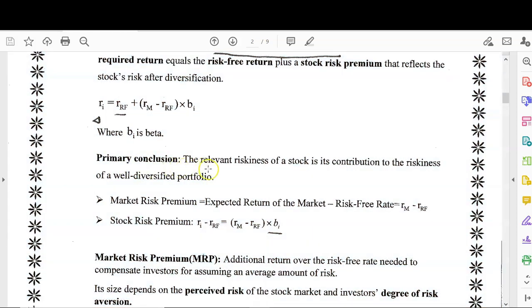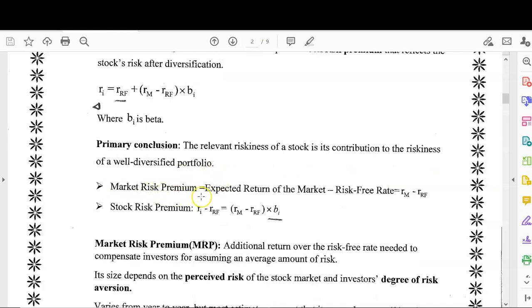Primary conclusion: the relevant riskiness of a stock is its contribution to the riskiness of a well-diversified portfolio. So again, market risk premium is the expected return of the market minus risk-free rate, RM minus RRF. Okay, stock risk premium has the same structure: RI, the stock return, minus risk-free rate.